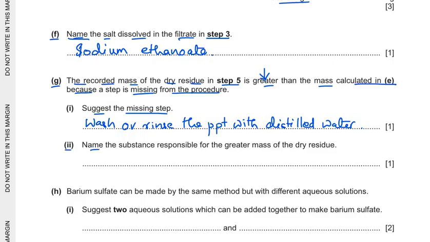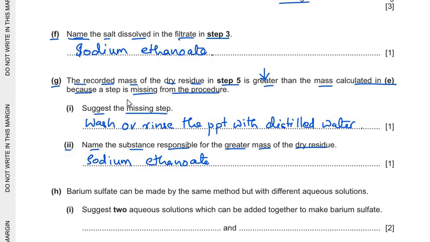The second part is name the substance responsible for the greater mass of the dry residue. Now obviously the other product is sodium ethanoate, and the sodium ethanoate molecules are stuck to our main precipitates, and that's why the mass would have increased.